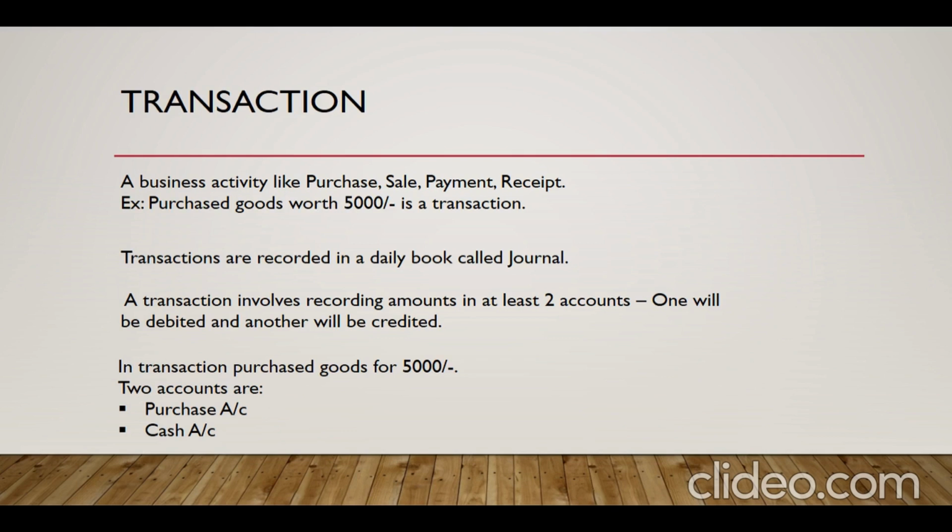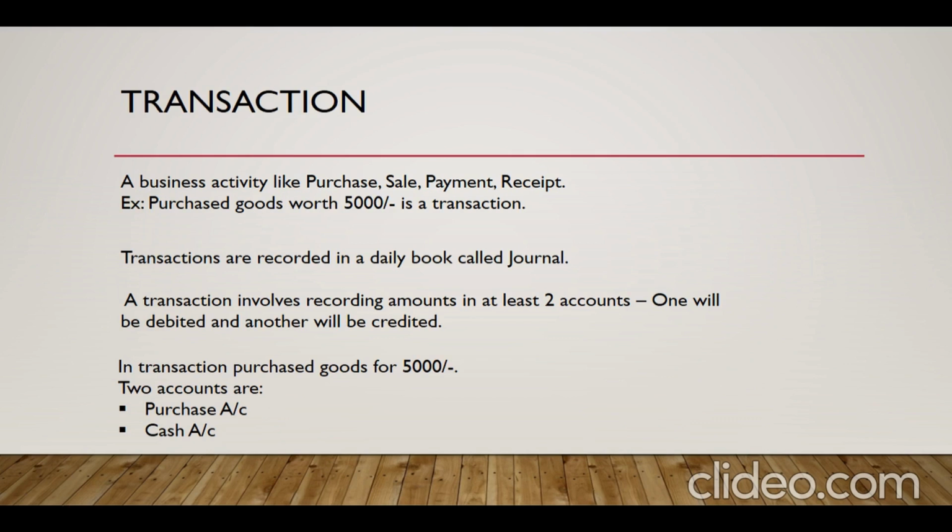So for example, for this transaction, purchase goods worth 5,000, the two accounts would be a purchase account and a cash account, because these are the accounts that are affected in the transaction. So we record a purchase and we also record a cash expense. Likewise, depending upon the transactions, there would be a minimum of two accounts involved in a transaction.